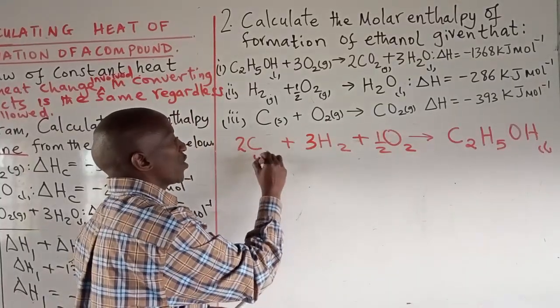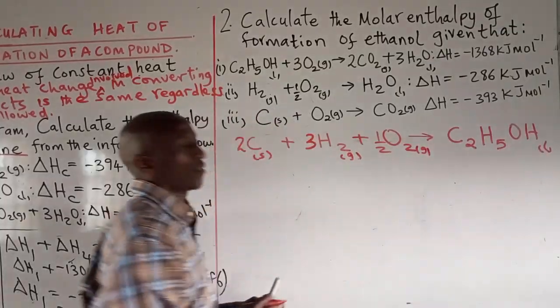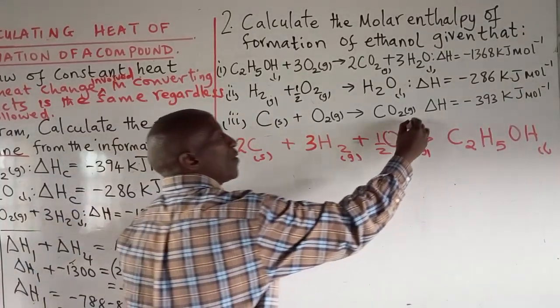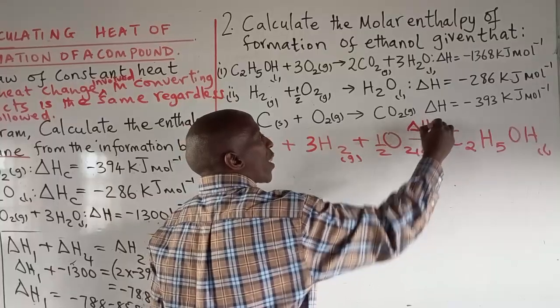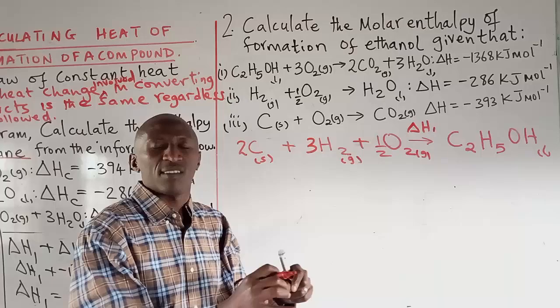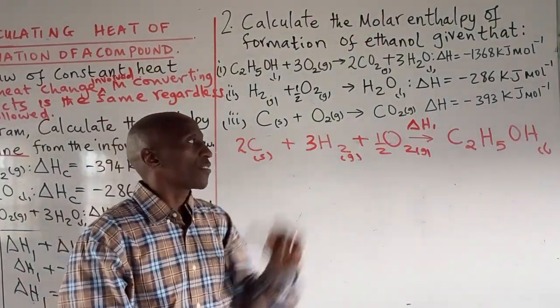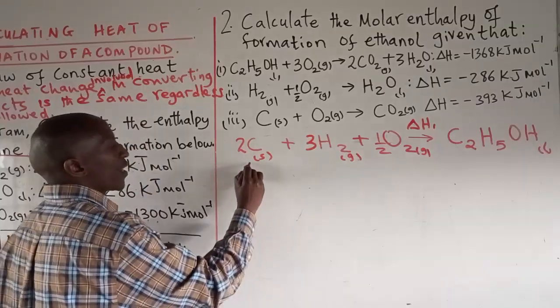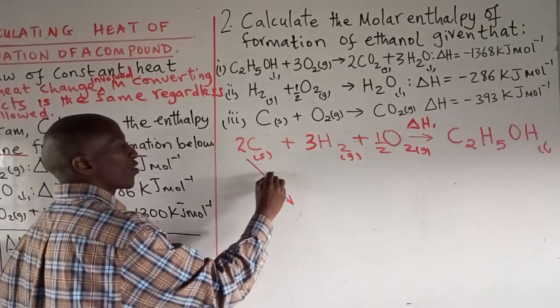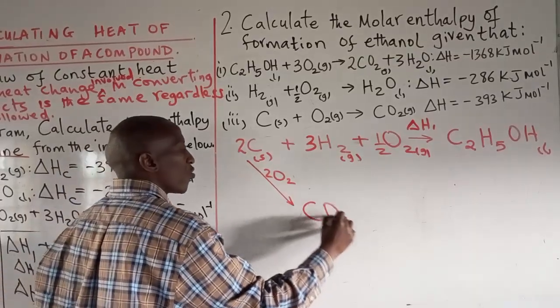Now, we can put the state symbols, it's no problem, and that will be liquid. So, if we label this as delta H1, we do not know the heat change for that, and that is the one we are calculating with the help of other enthalpies. For instance, when carbon undergoes combustion with oxygen, we shall have CO2.